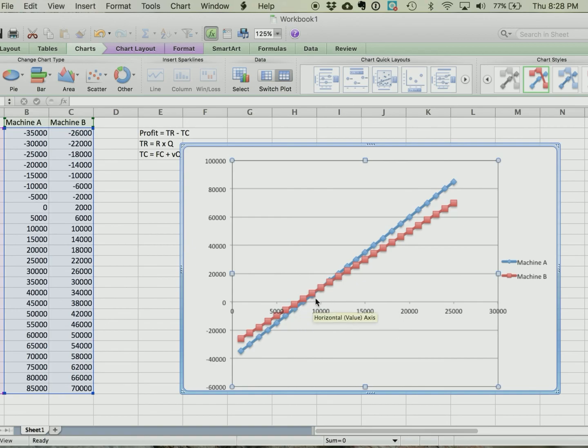Notice then that when you have higher forecasted demand, if we're up at 20,000 or 25,000 units, machine A becomes the better option. So having a really good forecast makes a big difference, because your capacity decisions are highly dependent on what you have forecasted for your demand.